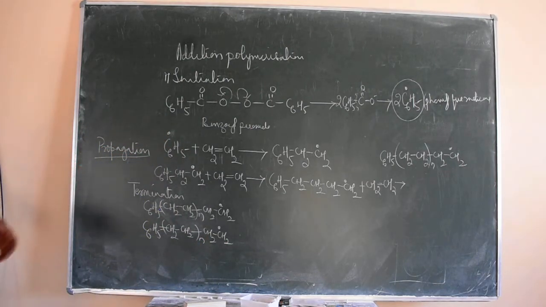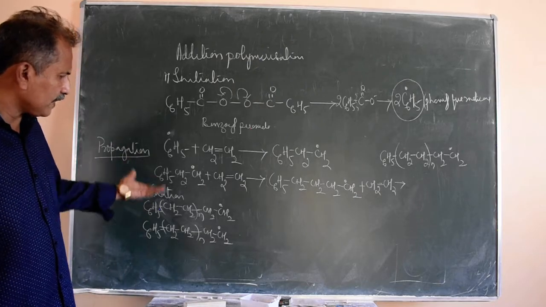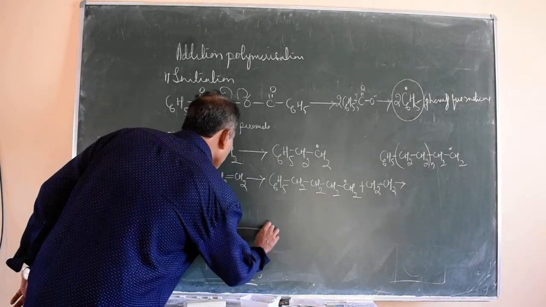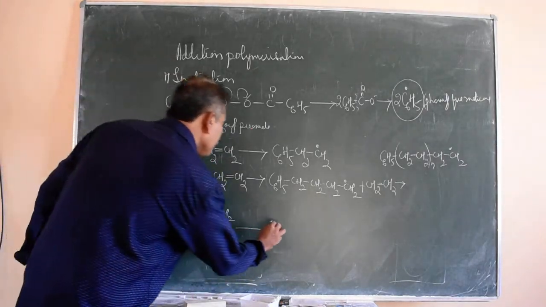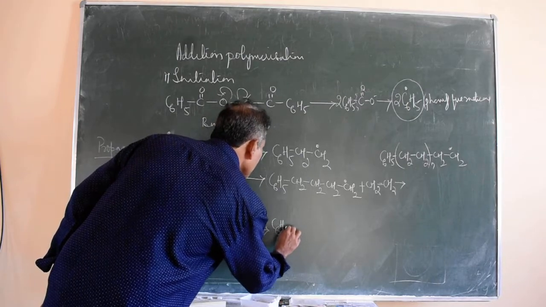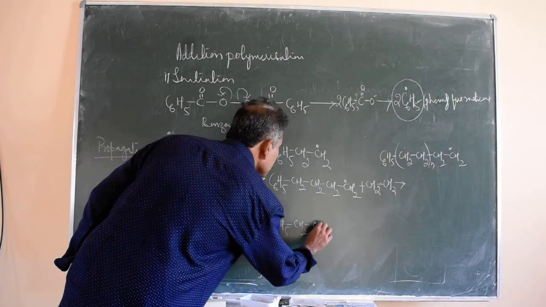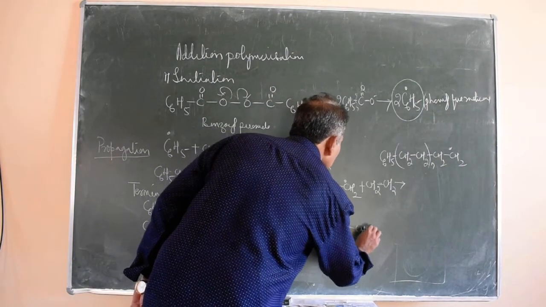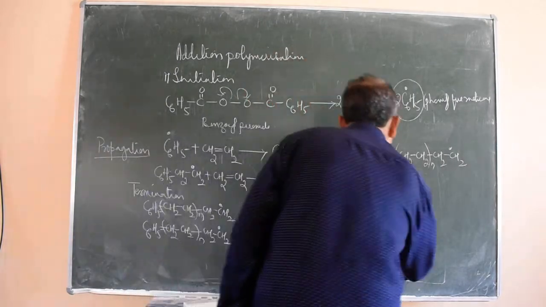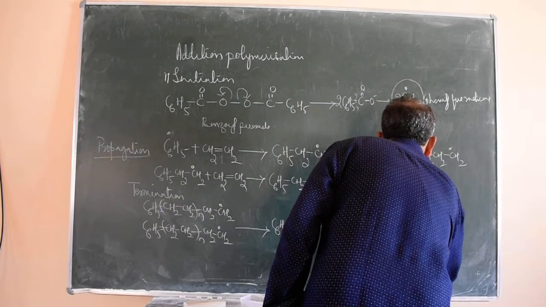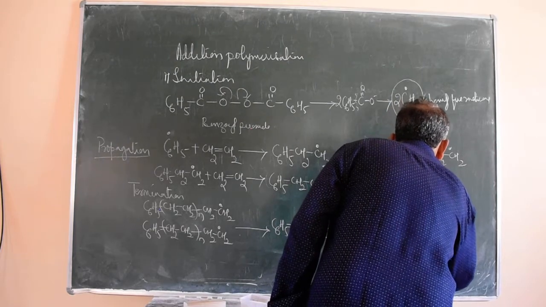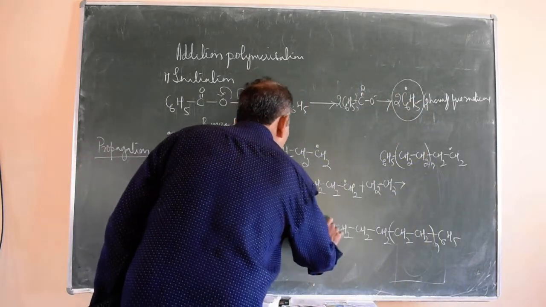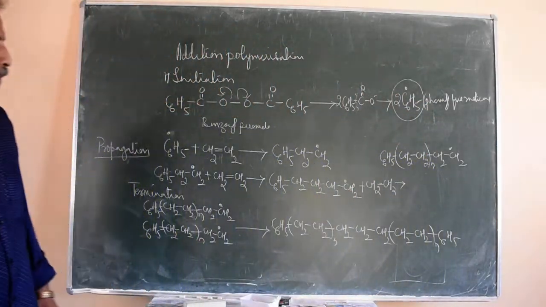Now the reaction has to stop somewhere. One possible way I can write is that these two chains can combine, and you can get C6H5-(CH2-CH2)-(CH2-CH2)-C6H5, n number of times.